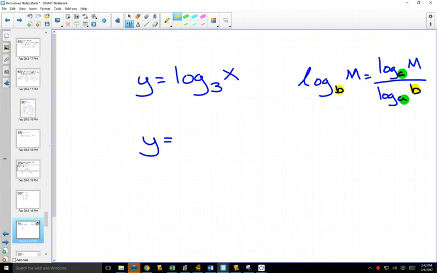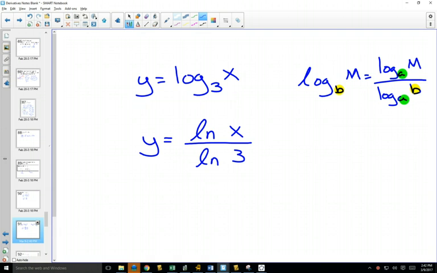But here we want to change it to a log base e. So we'll make this an e, which says y is equal to the natural log of x divided by the natural log of 3. The natural log of 3 is a number. You can type it into your calculator, push enter, and it'll tell you the decimal places and everything.